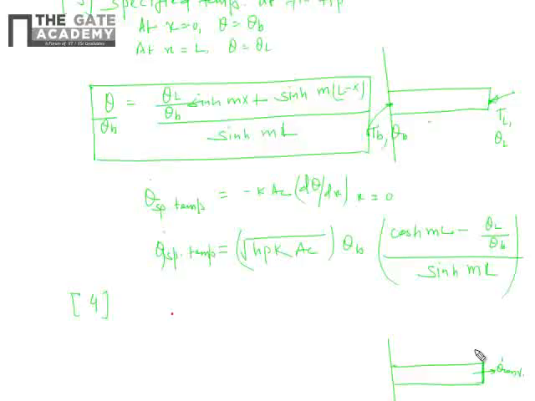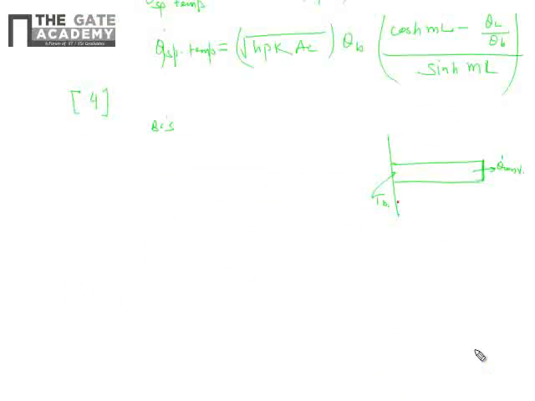So the boundary condition for this kind of fin is, and we know the base temperature, obviously theta b. Okay, so the boundary condition is at x is equal to 0, theta is equal to theta b, and the second boundary condition is q dot convection at x is equal to L is equal to q dot conduction at x is equal to L.